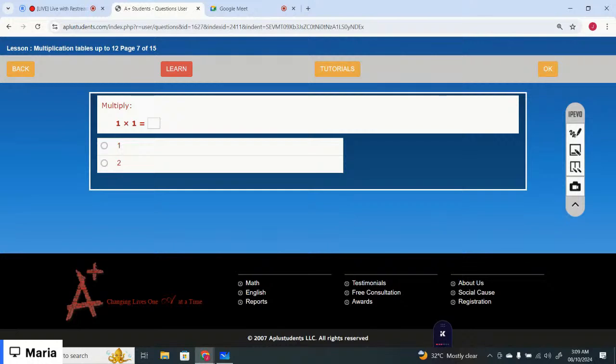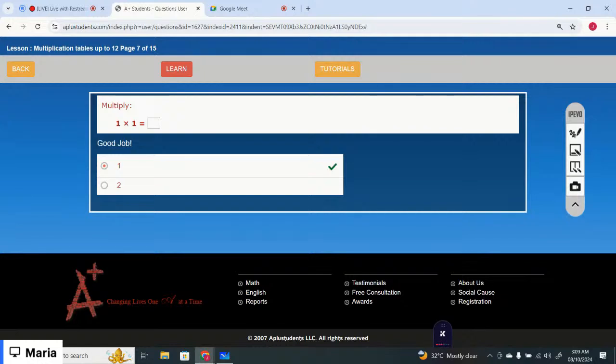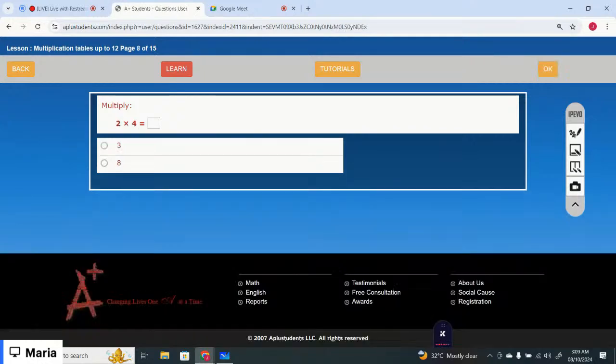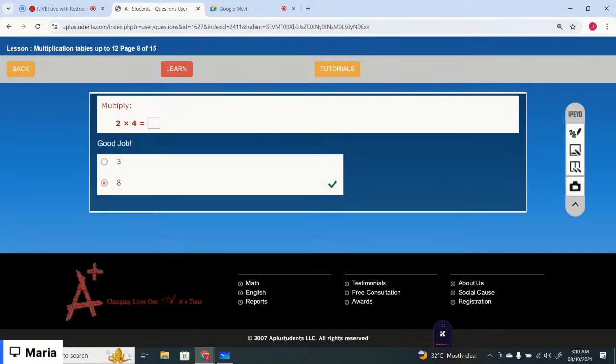Yes, 1 times 1 is 1. The correct option is 1. The next one is 2 times 4. The correct option is 2 times 4 is 8. Option number 2 is the correct option.